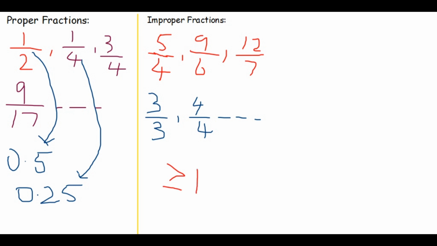For instance, if you convert 3 over 3 to decimal form, 3 divided by 3 is 1. If you convert 5 over 4 to decimal, you have 1.25, and this is greater than 1.